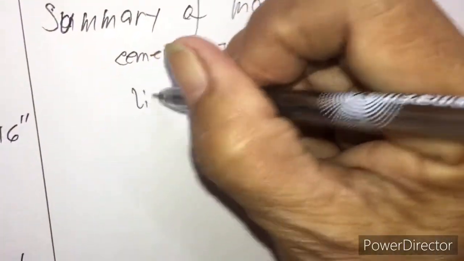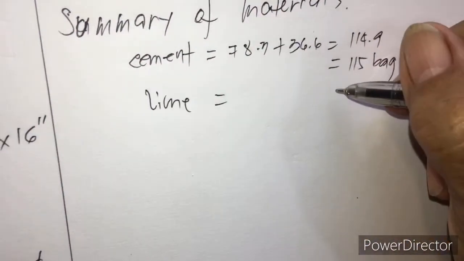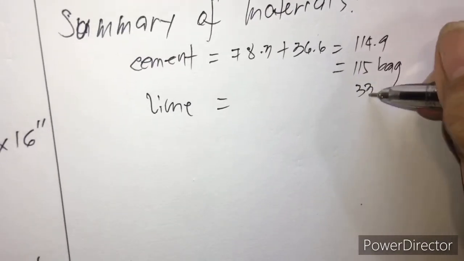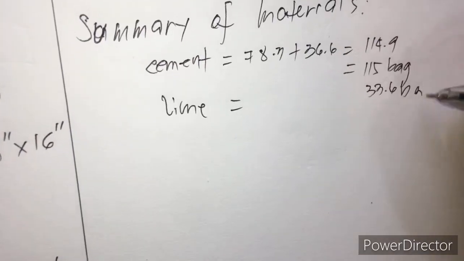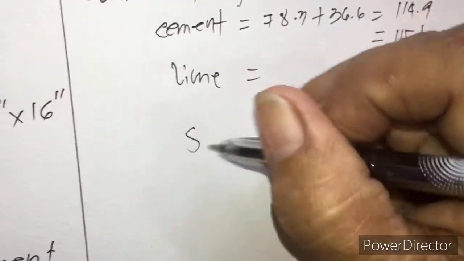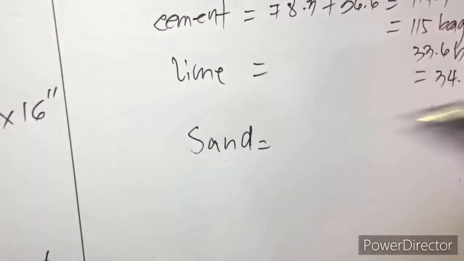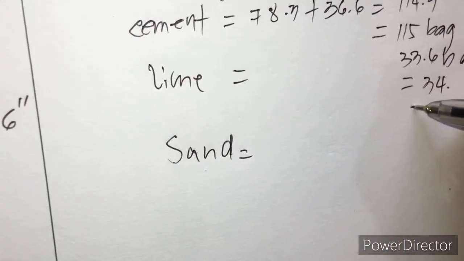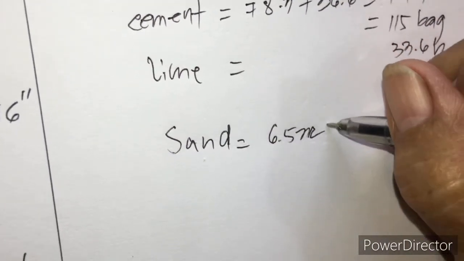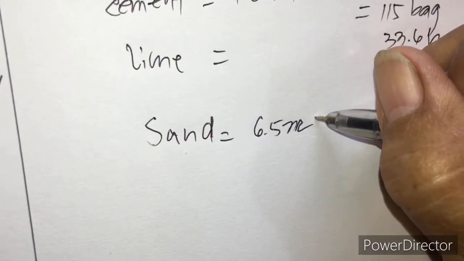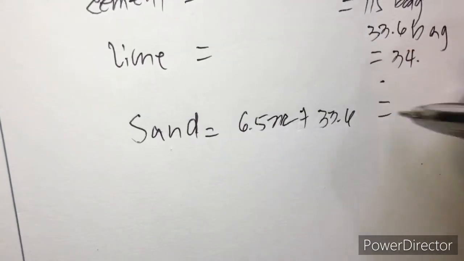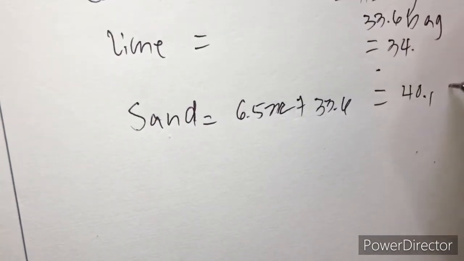And the lime equals 33.6 bags or equal 34. And the sand equals 6.522 in the mortar and filler plus the plastering, 33.6, equals 40.1 cubic meter.